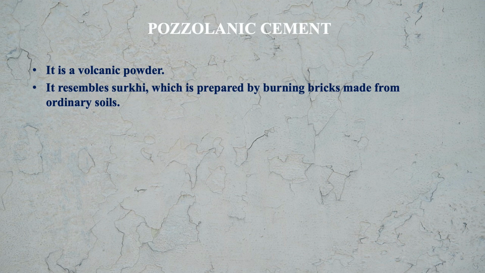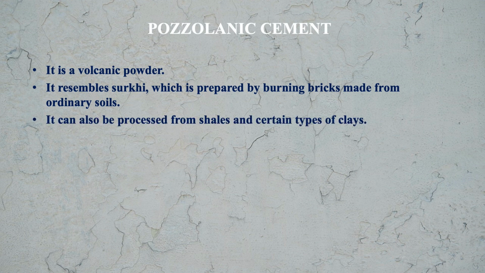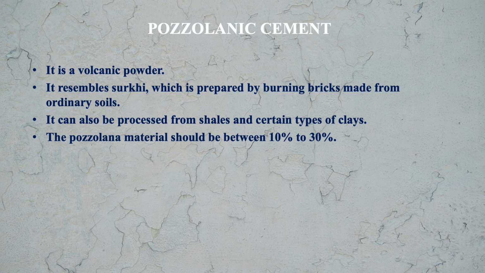It can also be processed from shales and certain types of clays. The pozzolana material should be between 10 to 30% in the formation of the pozzolanic cement.